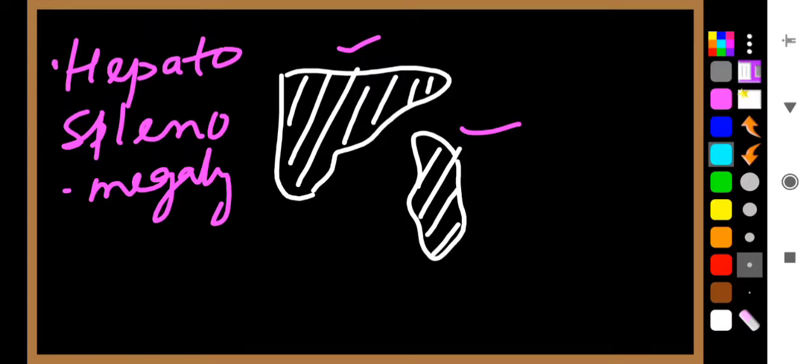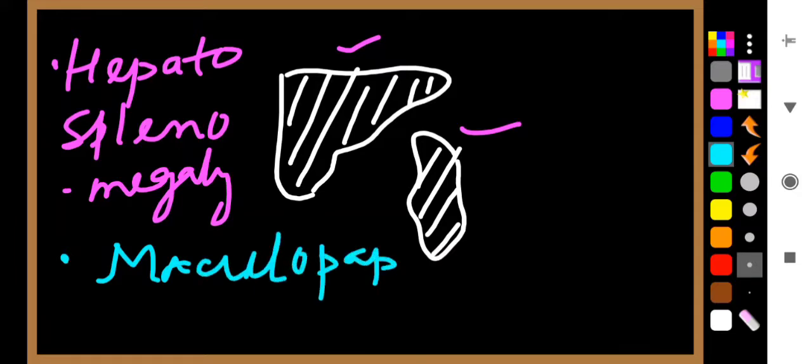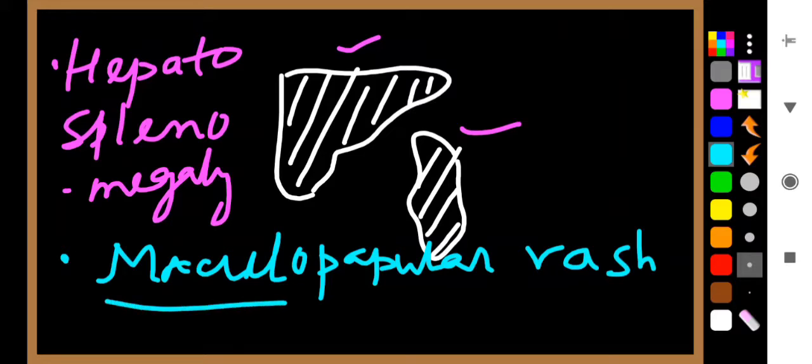Second important feature for these kind of babies is maculopapular rash. What do you mean by this? Macules means flat.